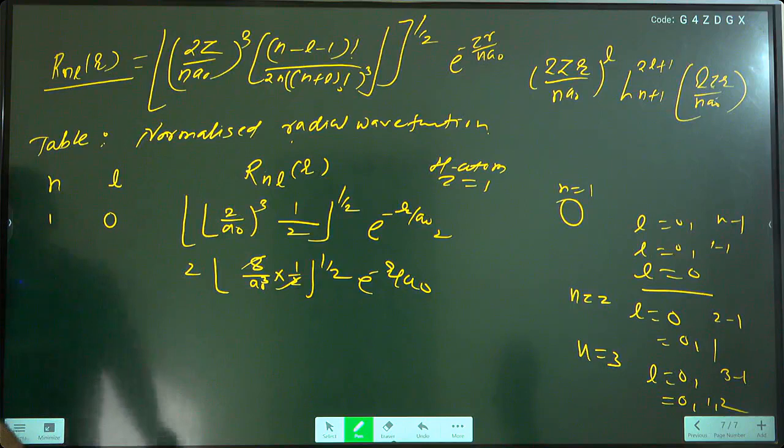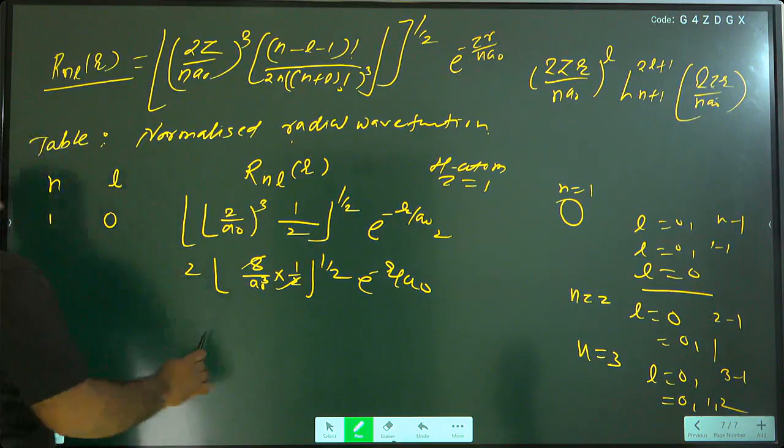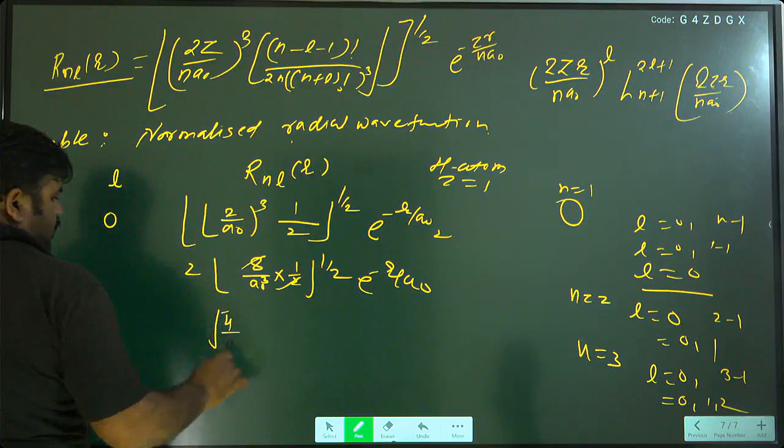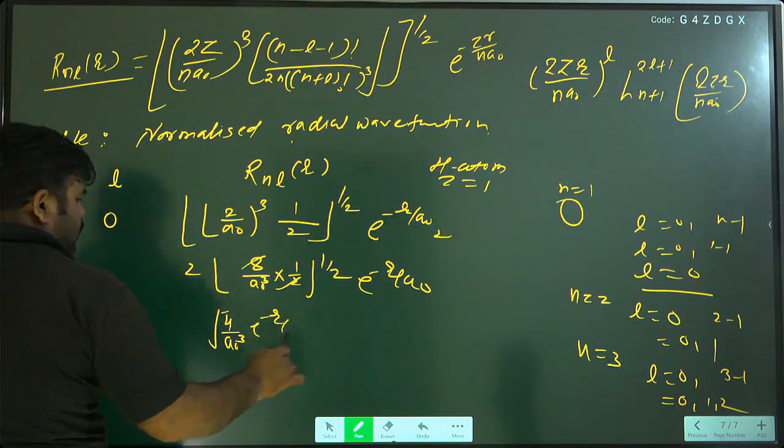Finally getting 2 into और 1 upon e, डायरेक्ट लिख सकते हैं अपन 4 upon a naught cube e to the power minus r upon a naught.